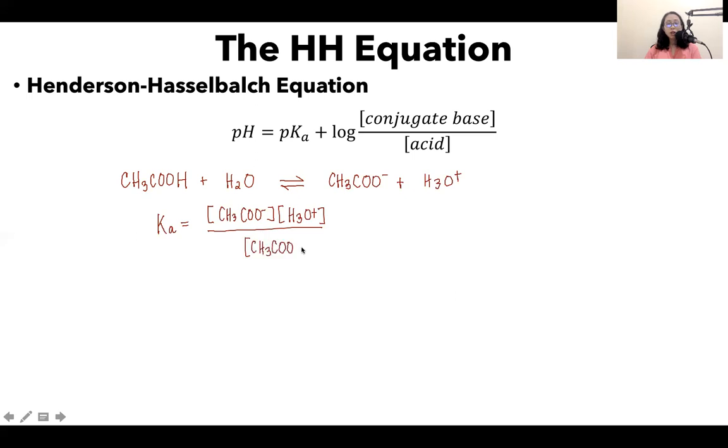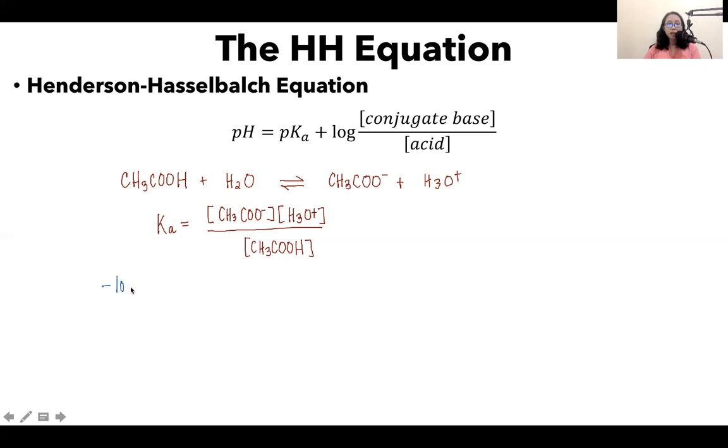So recall, we don't include pure liquids and pure solids in our equilibrium constant expression. That is why we don't see water here. Now, what we will do is we will get the negative logarithm of the two sides of the equation.